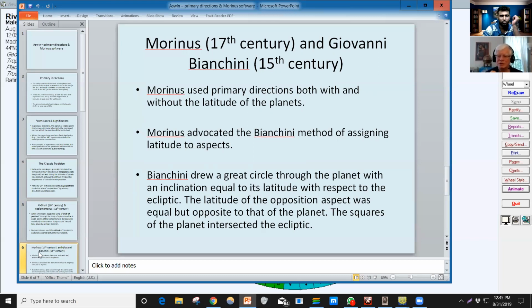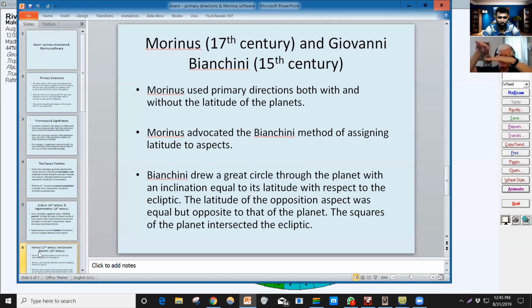And what Bianchi did, he said, well, if we're using the body of a planet, and the planet is not on the ecliptic, it has a latitude, above or below the ecliptic, then its aspects are not going to be measurable on the ecliptic. So he made two planes.